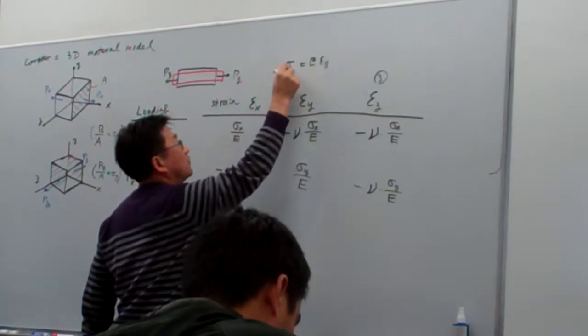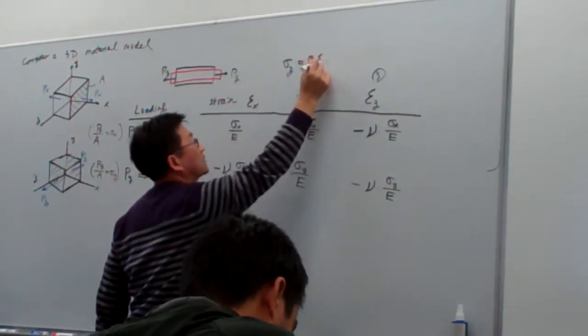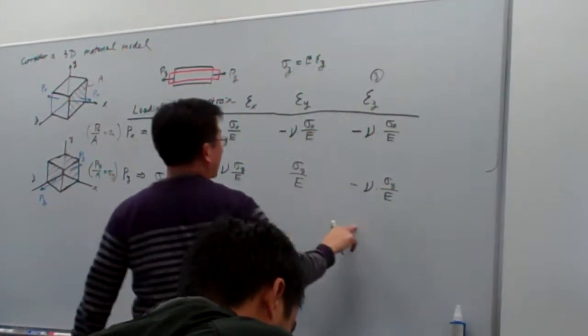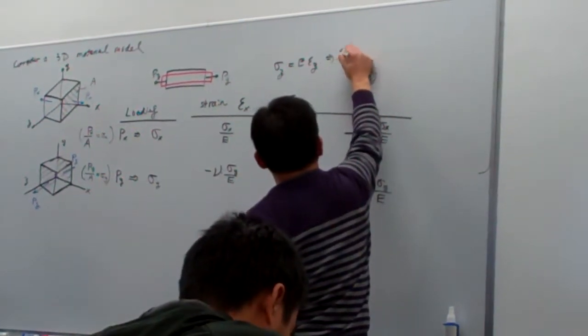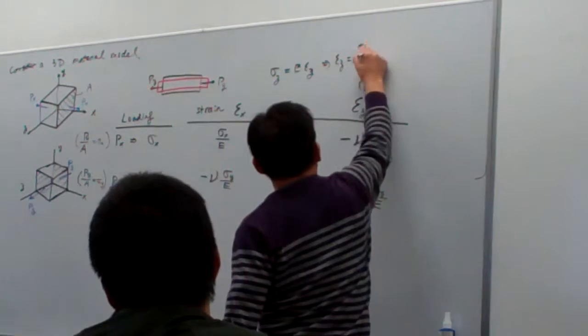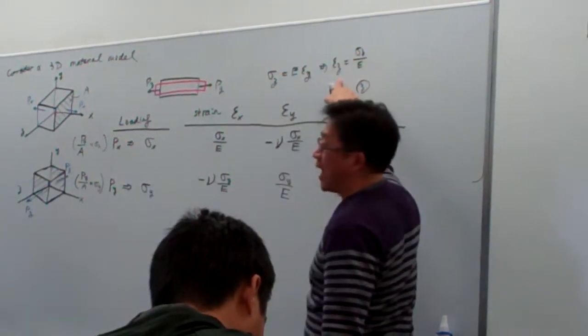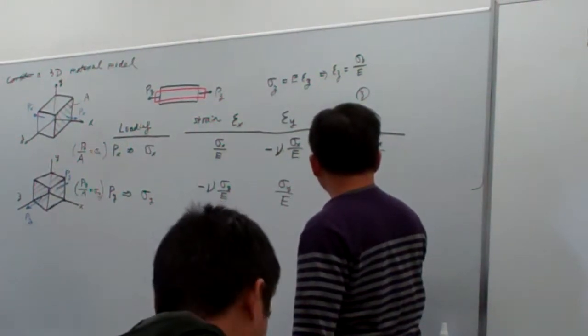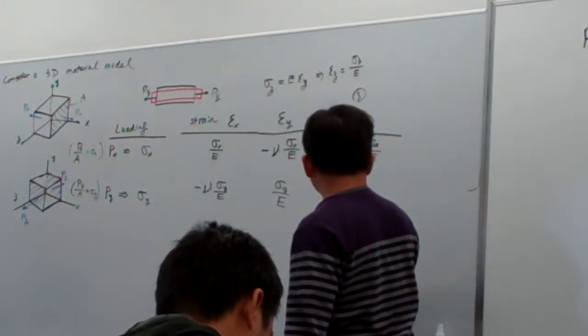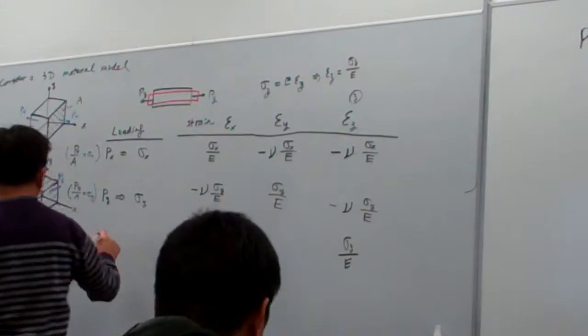So sigma z will be equal to E times epsilon z. Therefore, epsilon z will be equal to sigma z divided by E. This is our axial strain. So write it up here: sigma z divided by E. And what is sigma z?